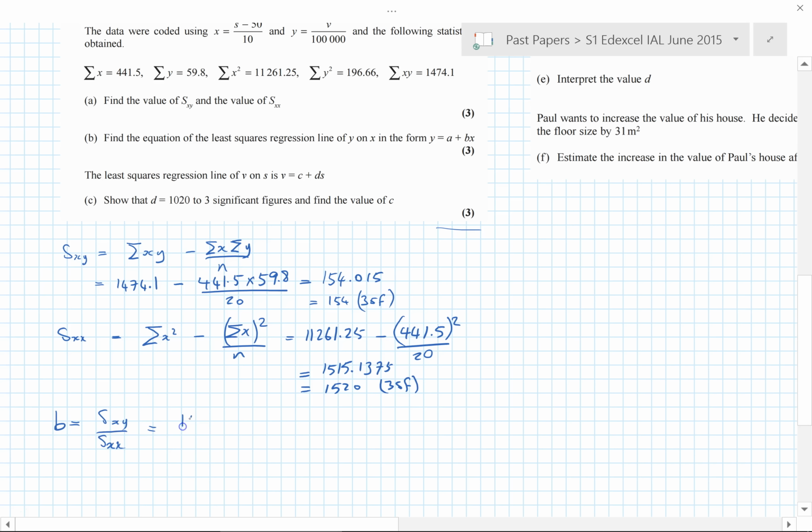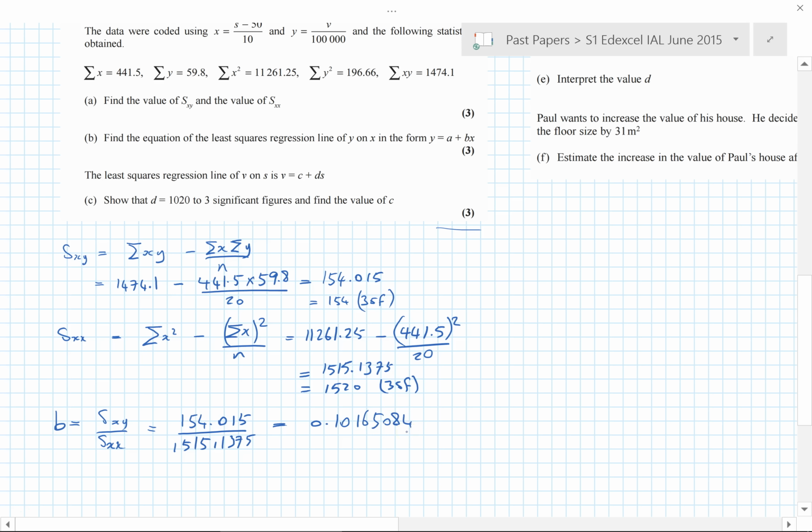Which is my 154.015 divided by the 1515.1375 using the unrounded answers, and that comes to 0.10165084.